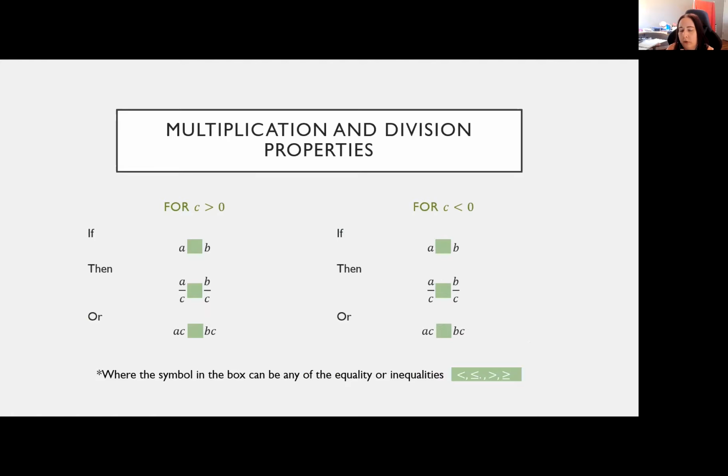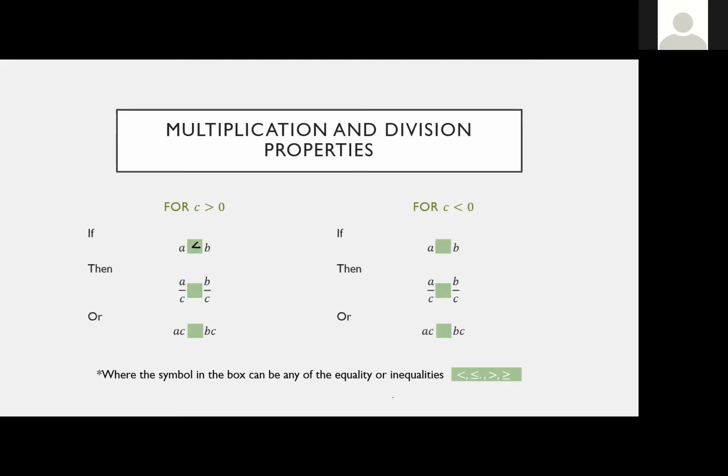The rule depends on whether the value you're multiplying or dividing by is positive or negative. That's why I've got C less than and greater than zero here. Let's say you're multiplying by a number that is positive, or greater than zero. Say you have some inequality, A is less than B, and you can replace that with any of the inequality symbols we have here.